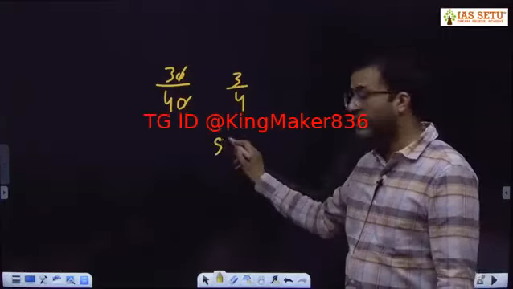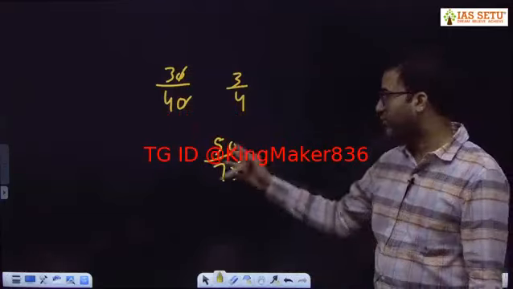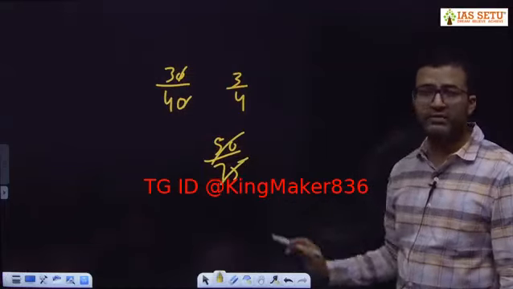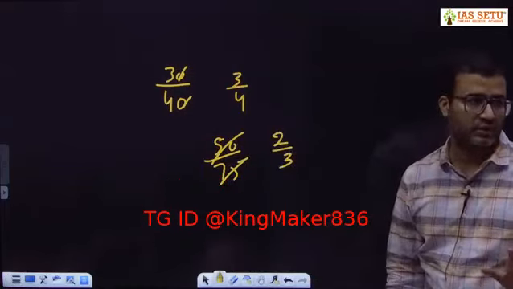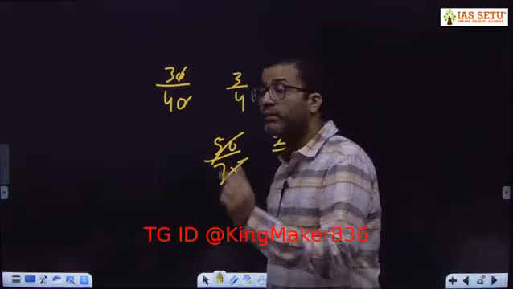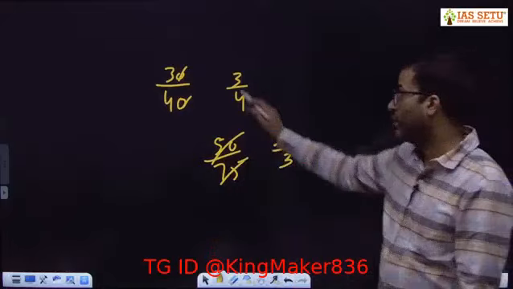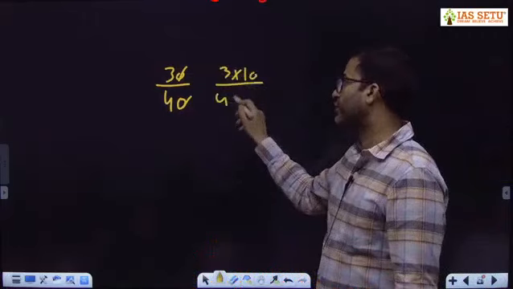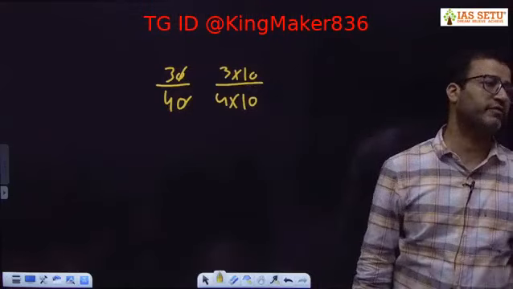If I ask you 50 upon 75, या तो 5 कॉमन लेके कैंसिल करेंगे, फिर 5 कॉमन कैंसिल करेंगे, या 25 से you directly divide, you get 2 by 3. In school days also we have done this, but the concept behind this simplification is HCF. See here, this 30 is 3 into 10, 40 is 4 into 10, and 10 here is the highest common factor.